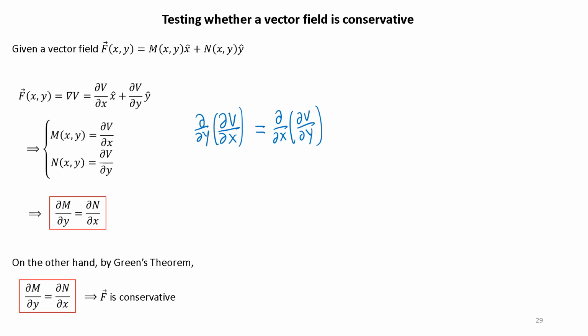So if this capital M indeed is the partial derivative of this function with respect to x, and this one is indeed the partial derivative with respect to y, then I will have this relation.